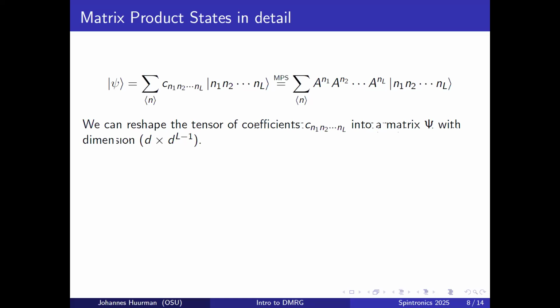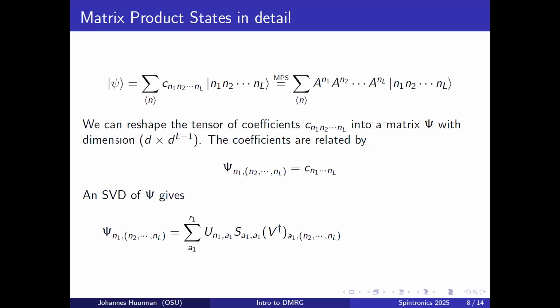And so in our case, because our goal is to get to this matrix product state, we begin by reshaping this tensor into a matrix psi with dimension d by d^(L-1). And L is just the size of our system. So if you think of spin chains, it's just the length of the spin chain. The coefficients are related in the obvious way.